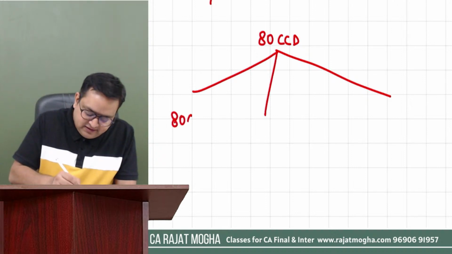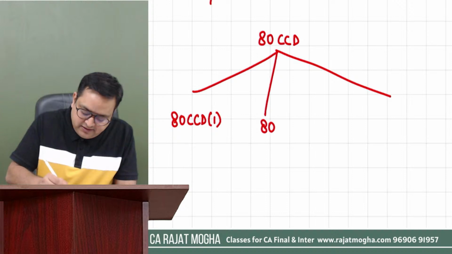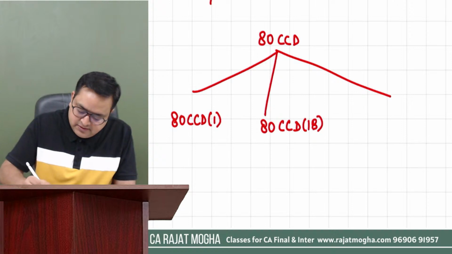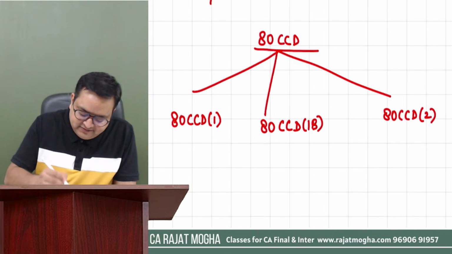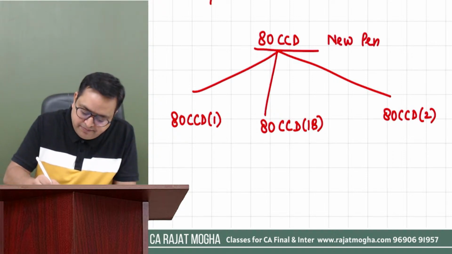One is 80CCD1, 80CCD1B, and 80CCD2. What is 80CCD? This is related to the new pension scheme.